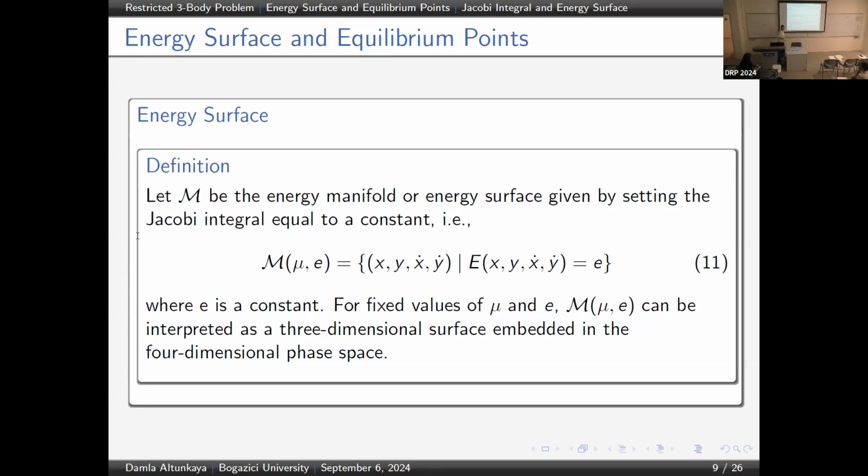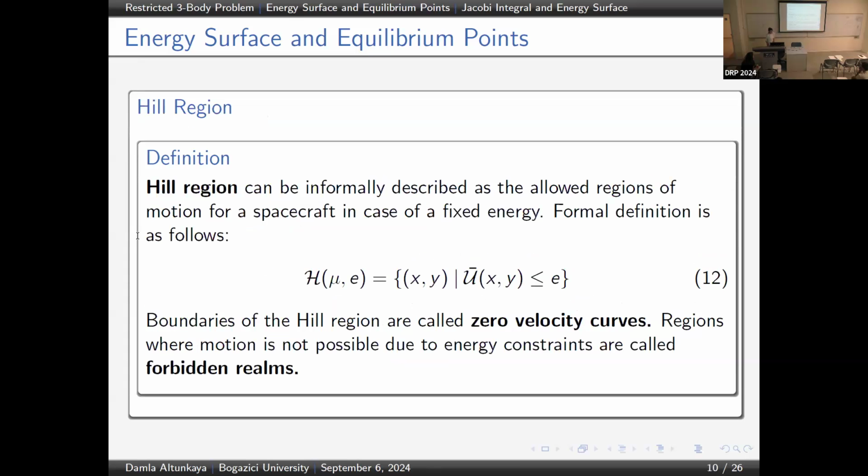The energy surface, or energy manifold, is actually the inverse image of the energy function. When you fix the energy, you can talk about the manifold and energy surface. The Hill region is the projection of the energy surface onto position space.